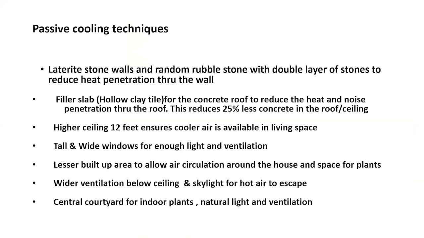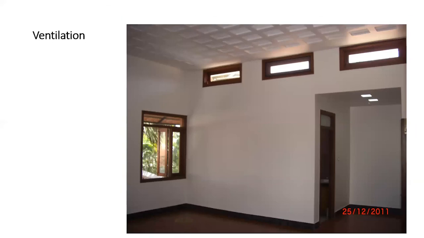Then there are these ceilings which are very high, which is used for cooling the house. So that's a filler slab you can see on the top, and there are ventilators on the ceiling so that the hot air goes out.